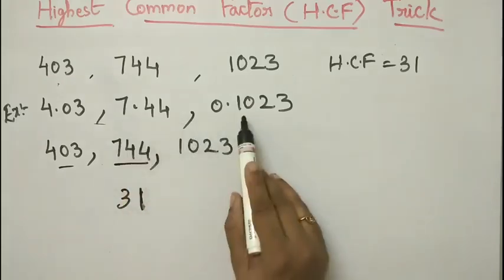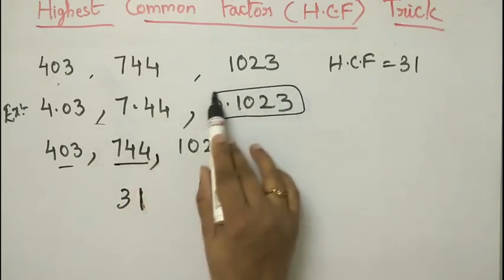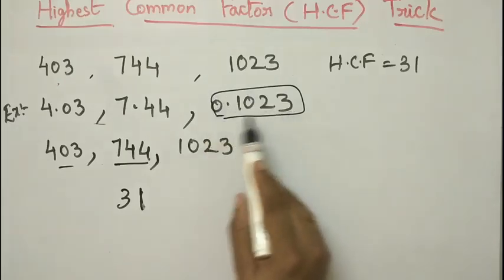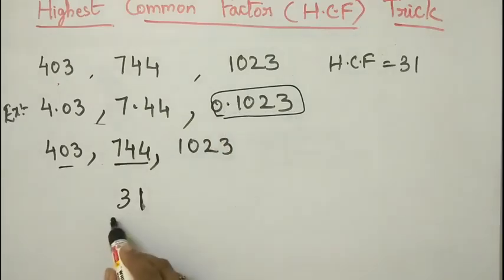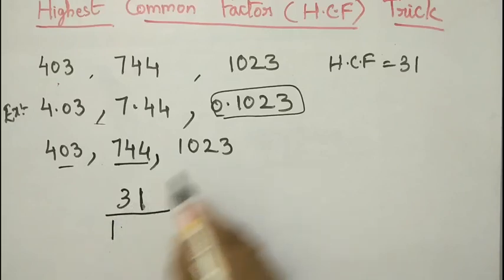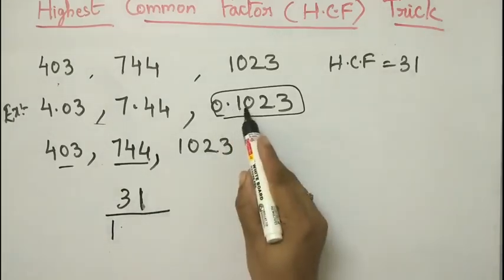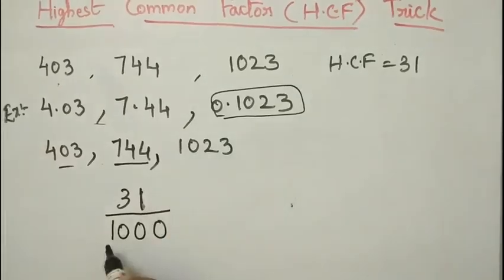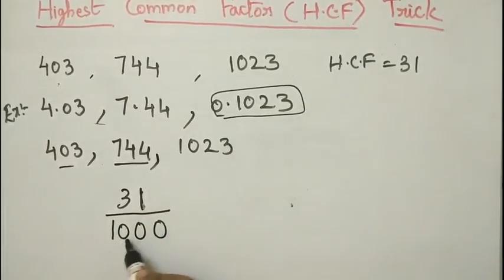If we observe in this example, this number is having 4 digits after the decimal point. So from the decimal point, keep 1, write down here 31 divided by 1, that is, in place of the decimal point put 1, in place of each digit put 0. 1 2 3 4.